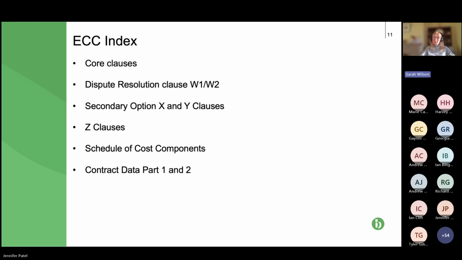And they're all option clauses. So if you don't opt into them, if they're not included expressly in the contract, then they don't apply. And where do you include them? Well, the contract data part 1 and part 2 at the bottom, that's where you've got to expressly say they apply, they're included in this contract.